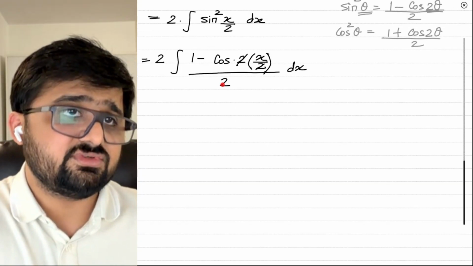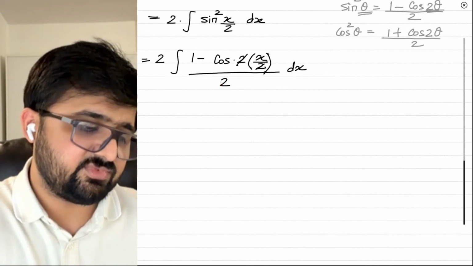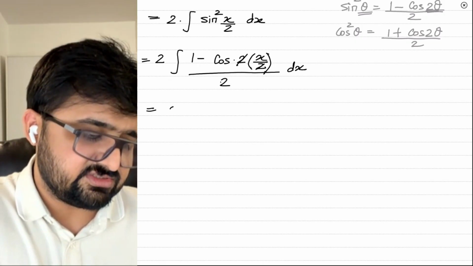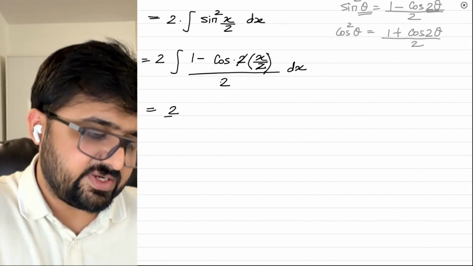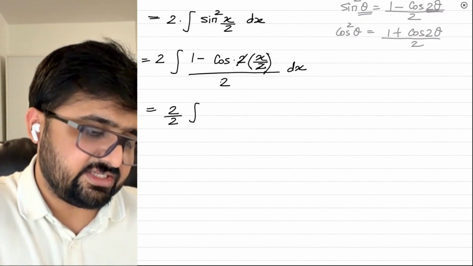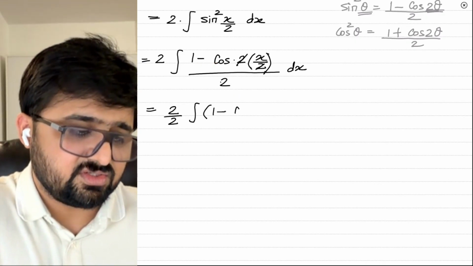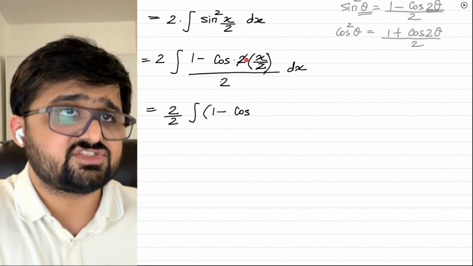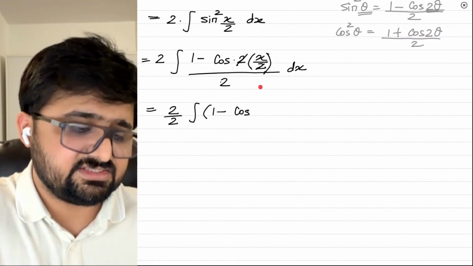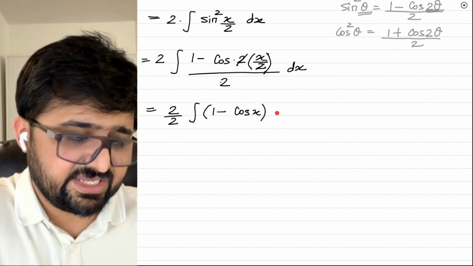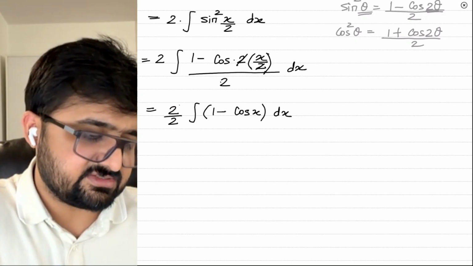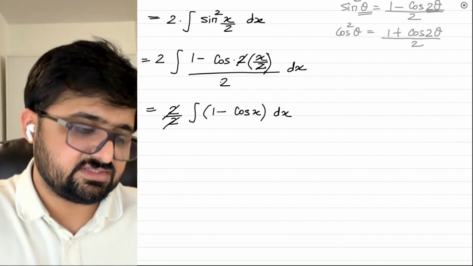Now this 2 can be taken out of integration because it's a constant. So you will get 2 divided by 2 integration of 1 minus cos, and this 2 and 2 got cancelled, so you are just left with cos x dx. Also this 2 and 2 will get cancelled.